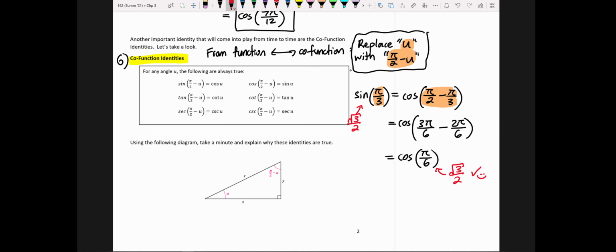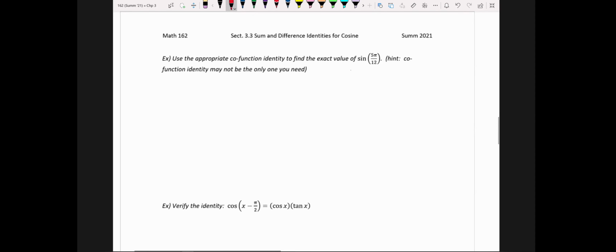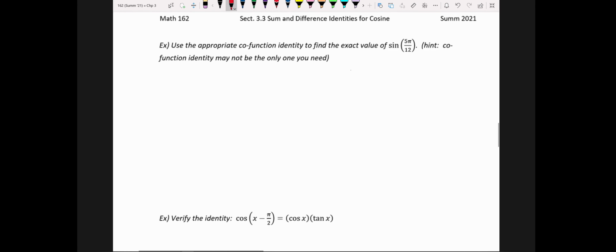Let's see how this is applied in the next page. Okay, so sine of 5 pi over 12. The input, we're going to think of that as u.